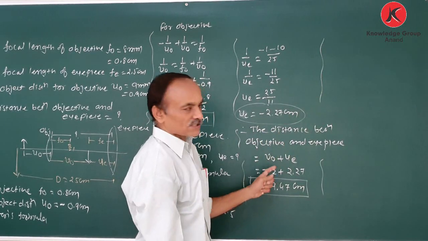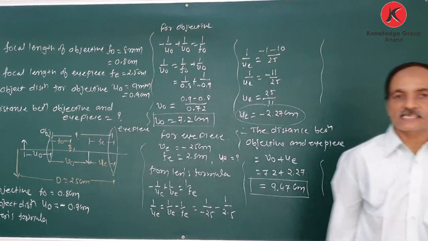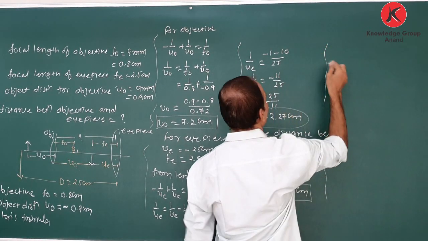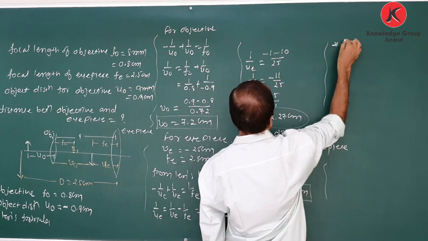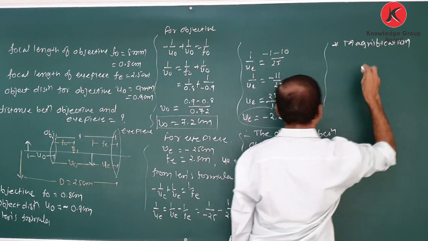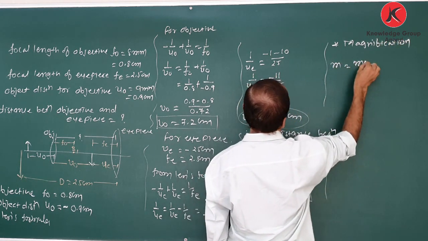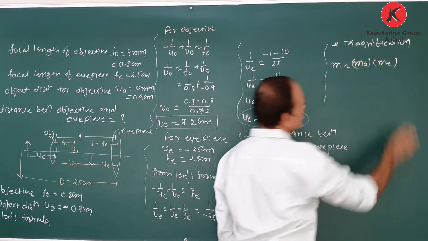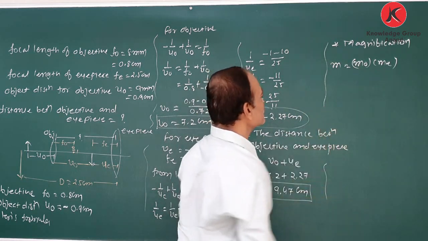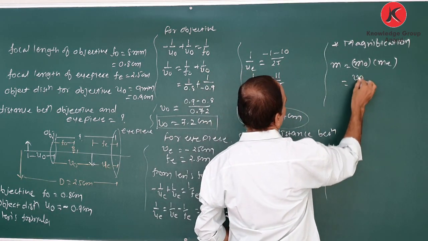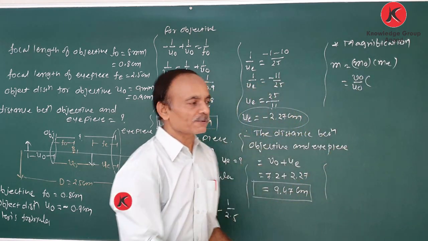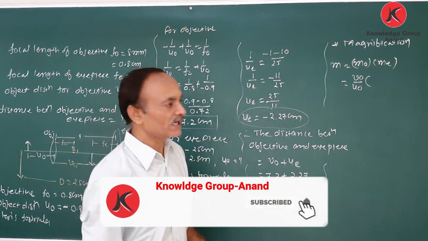Now, the last portion of this numerical is to find out the magnifying power of this compound microscope. Therefore, magnification M is equal to MO into ME. That means the magnification by the objective into magnification by the eyepiece. Magnification by objective is V0 upon U0. Now here the image formed by the eyepiece is at near point distance.